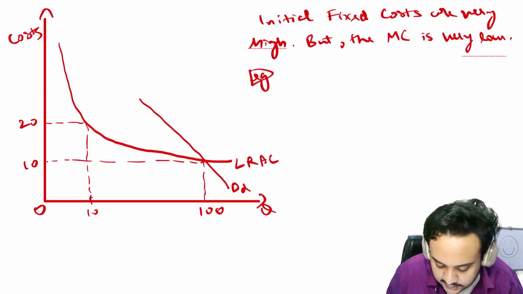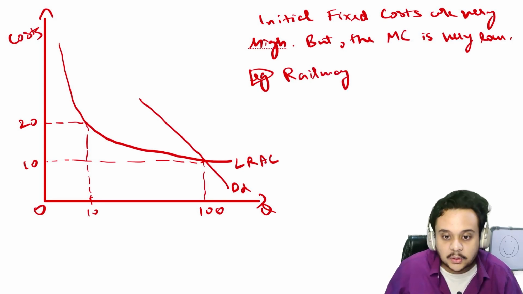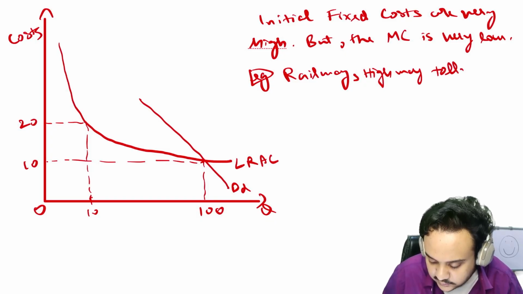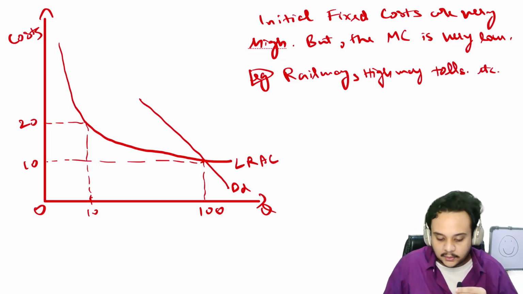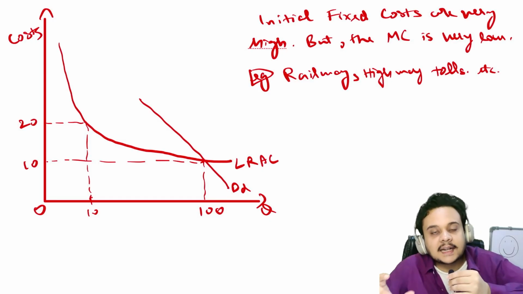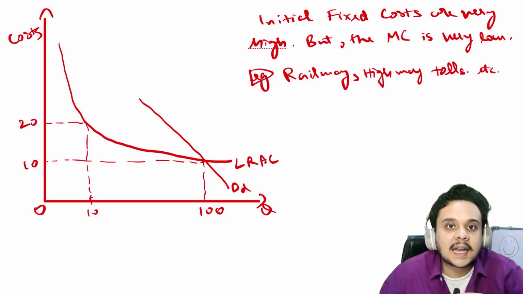An example could be the railway sector in India, or it could be highways, let's say toll plazas, highway tolls, etc. You know the price that you pay for toll, but the cost that the company incurs to collect that price from you, the daily operational cost per customer, is relatively very low.